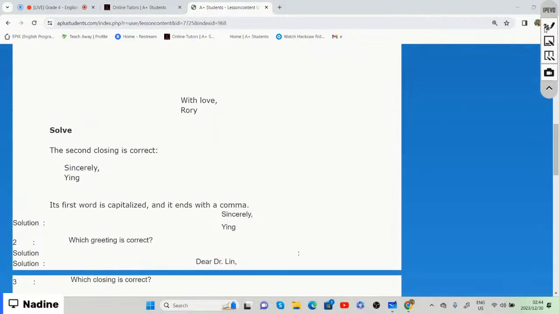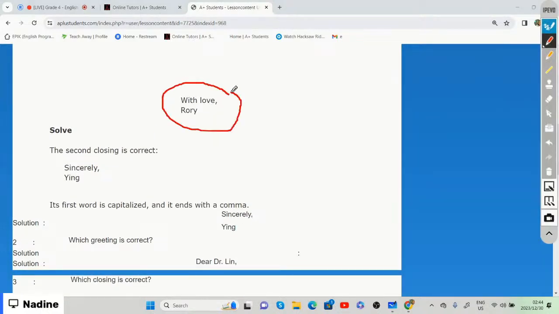There is also one way in which we can close with love. That is if you're writing either to your aunt, to your friends. Sincerely is mainly when we are writing more of a formal letter.